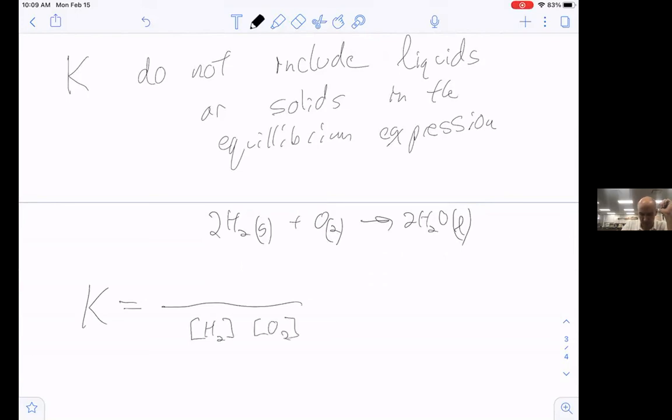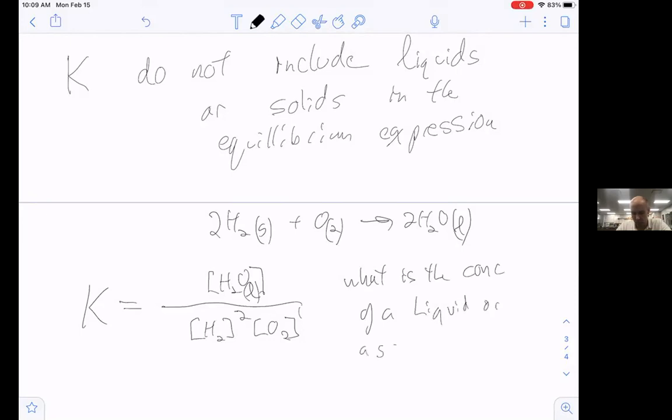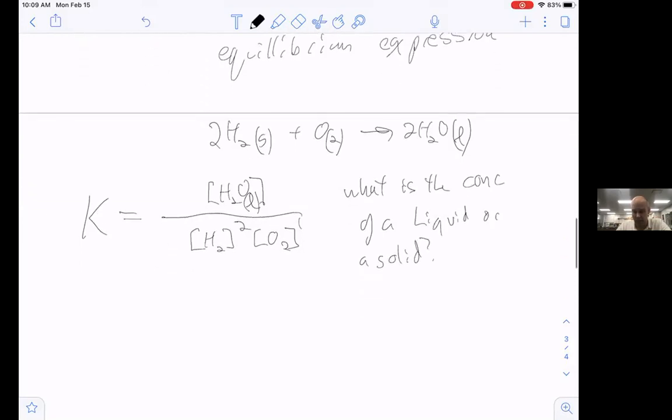again, I'm just pretending we've got molarities for these guys. Why wouldn't I include liquid water? Well, what is the concentration of a liquid or a solid? It's their density.